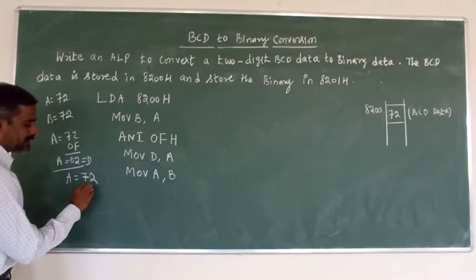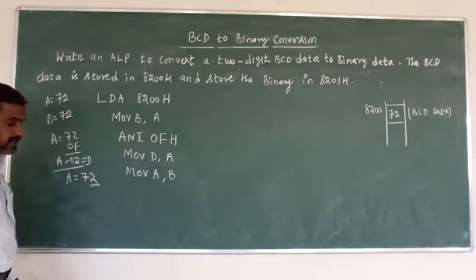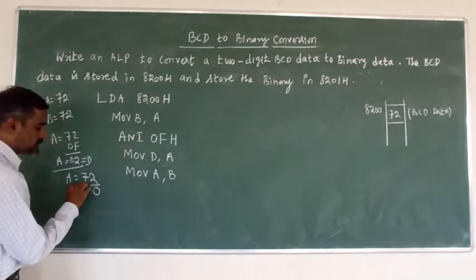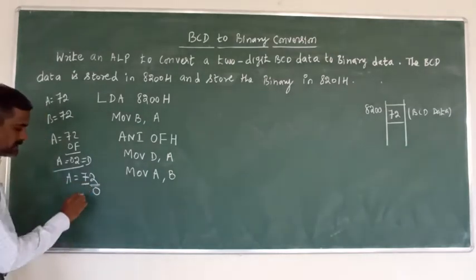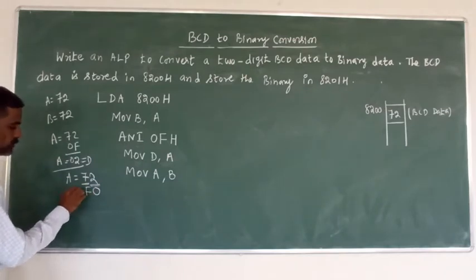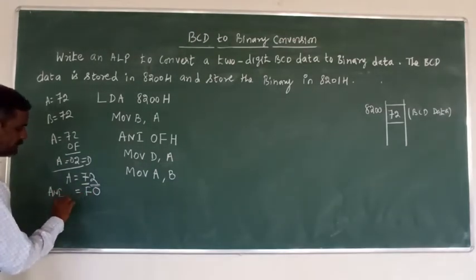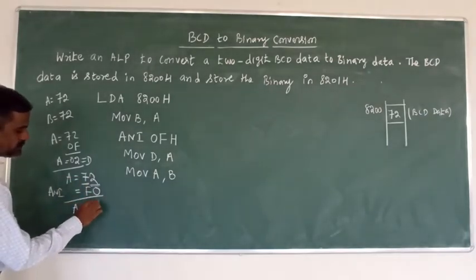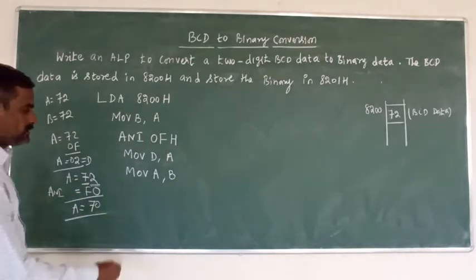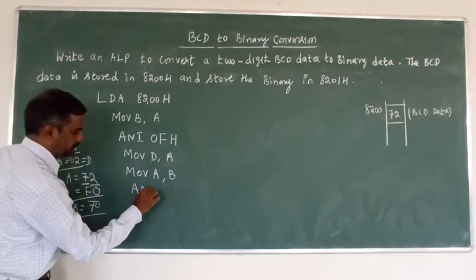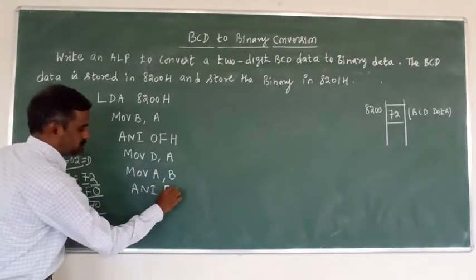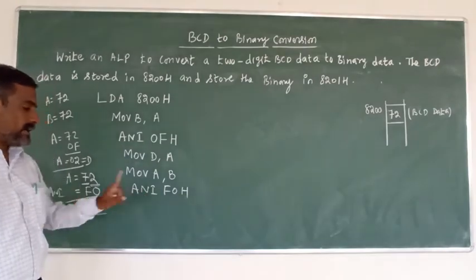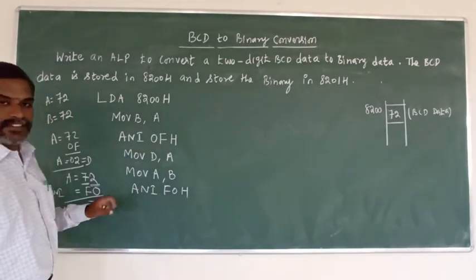To make the least significant 4 bits 0 and keep the most significant 4 bits as they are, we have to use F0. We have to logically AND, ANI F0H. After the logical AND, our result is 70 in the accumulator.